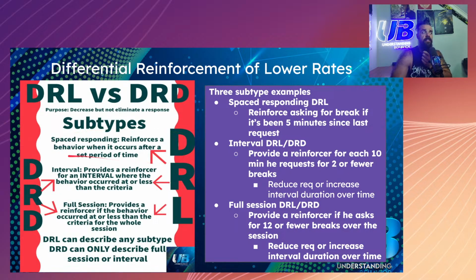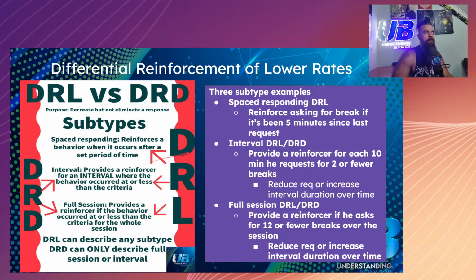If it's space responding, then it can only be called DRL. Where if we have interval or full session DRL, then we can also call that DRD. So if you have a question that is describing either interval or full session DRL, and DRL and DRD are both answers, then you should select DRD because it's a little bit more specific.